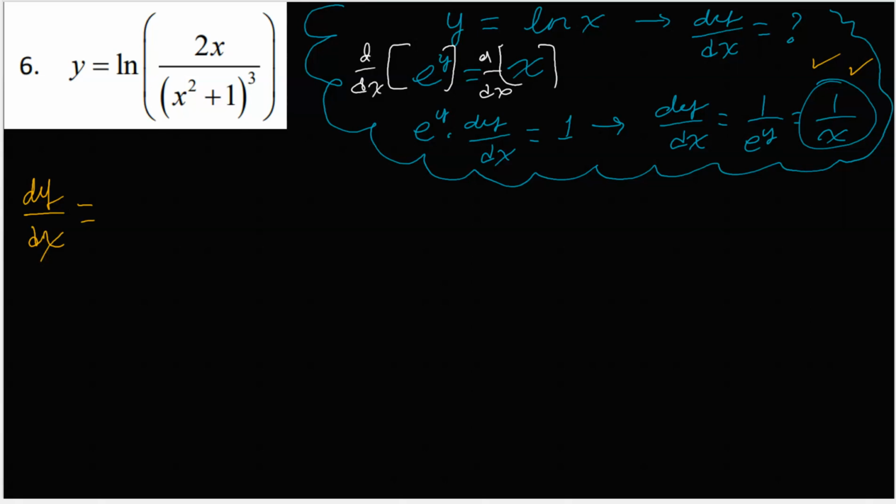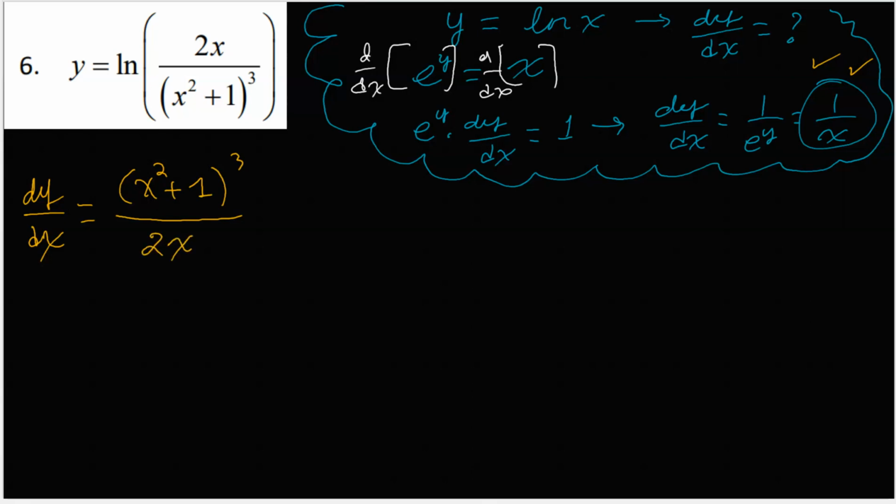So here, the derivative of ln of x is 1 over x, so we would think of it as just the reciprocal, which means to flip the function over. So it would be x squared plus 1 to the third power divided by 2x.